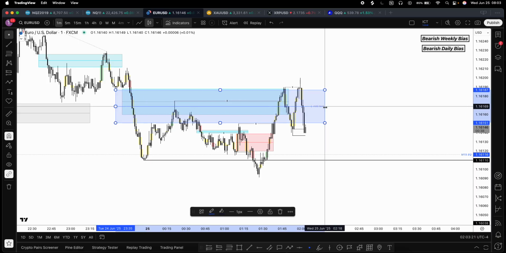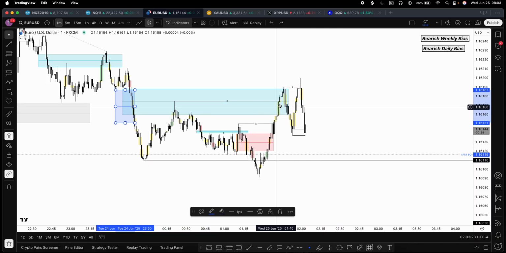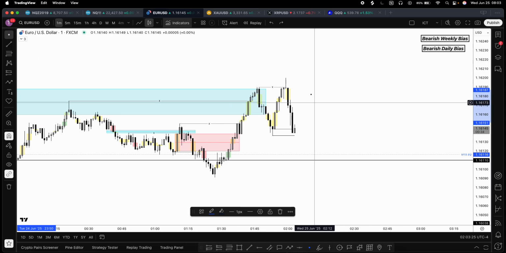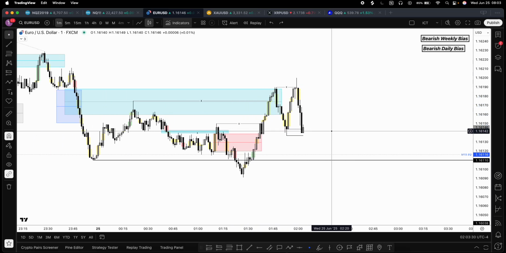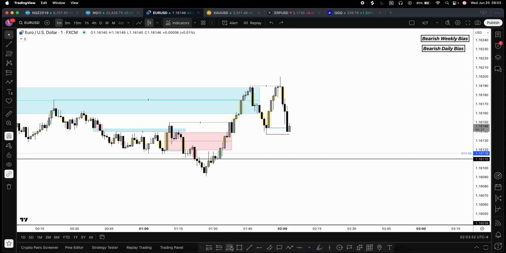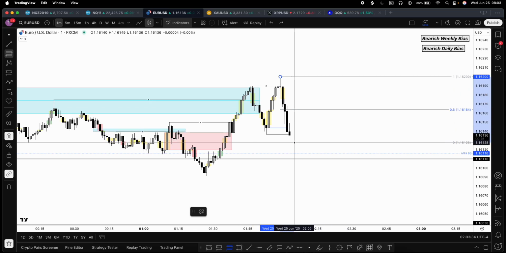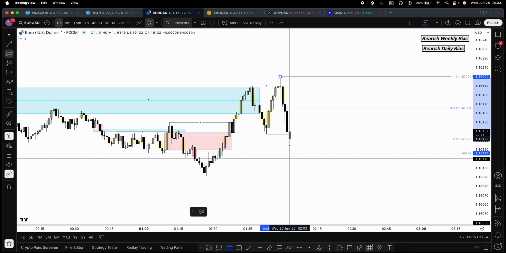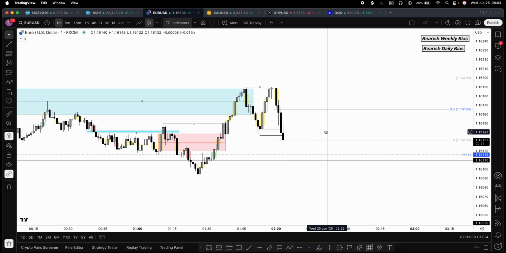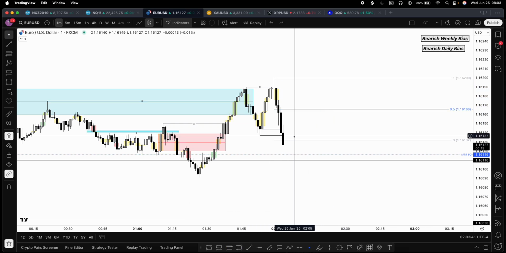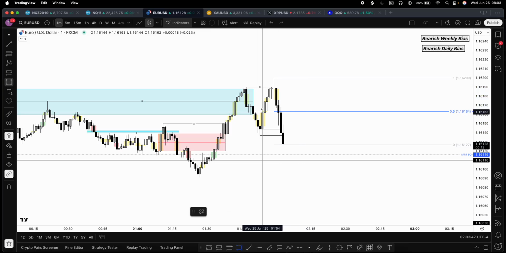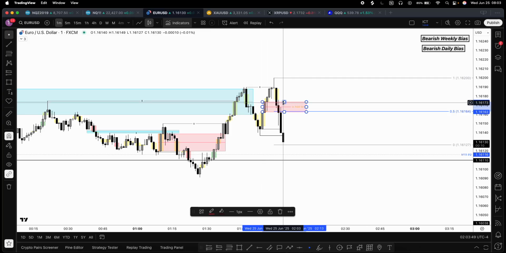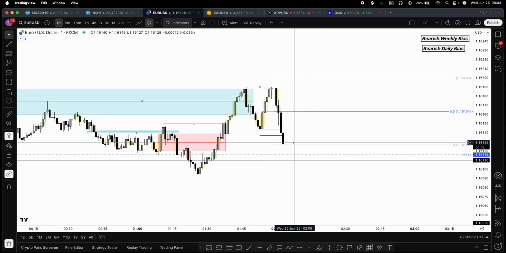So if we look at these gaps, price is respecting it, and it's setting up our entry model here. Okay, so if we break there, we are going to look at the midpoint of this little leg here, and we look at an FVG to enter on that is near the midpoint. So we've got this tiny little one here.